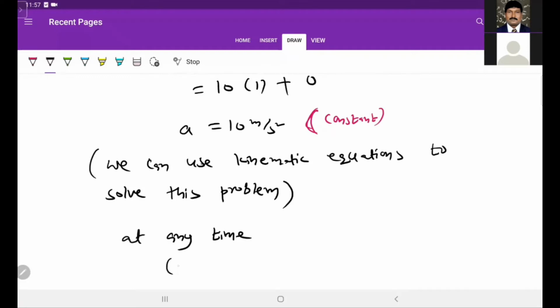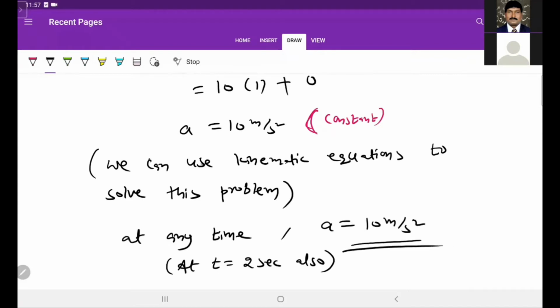He's asking particularly at t equal to 2 second, what is the acceleration? At t equal to 2 second also, acceleration is 10 meter per second square. It does not change. At time t 0, at 1 second, 2 second, 3 second, at any second, acceleration is constant. It does not change.